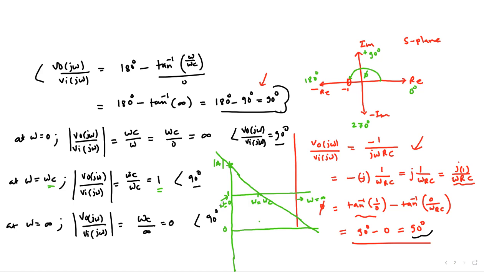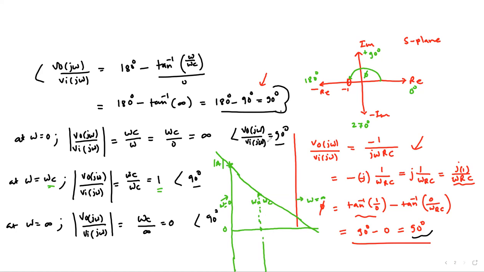Okay, so that's what the magnitude plot looks like. We don't need to draw this line basically, we don't want this line actually. So it looks like this.